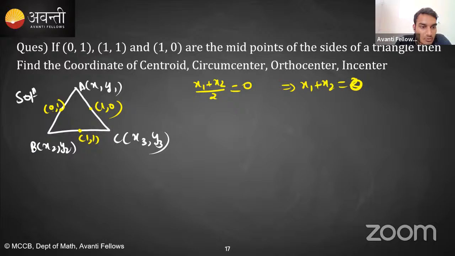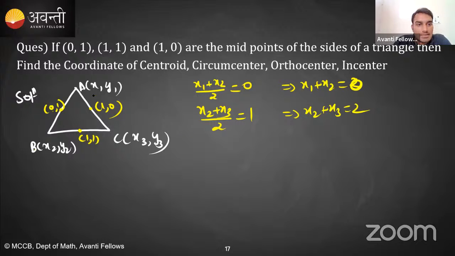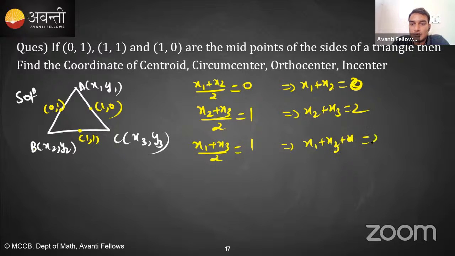Clear? Similarly, for the midpoint of B and C, (x2 + x3)/2 is 1, so x2 + x3 is 2. Again, for the midpoint of A and C, (x1 + x3)/2 is 1, so x1 + x3 is 2.